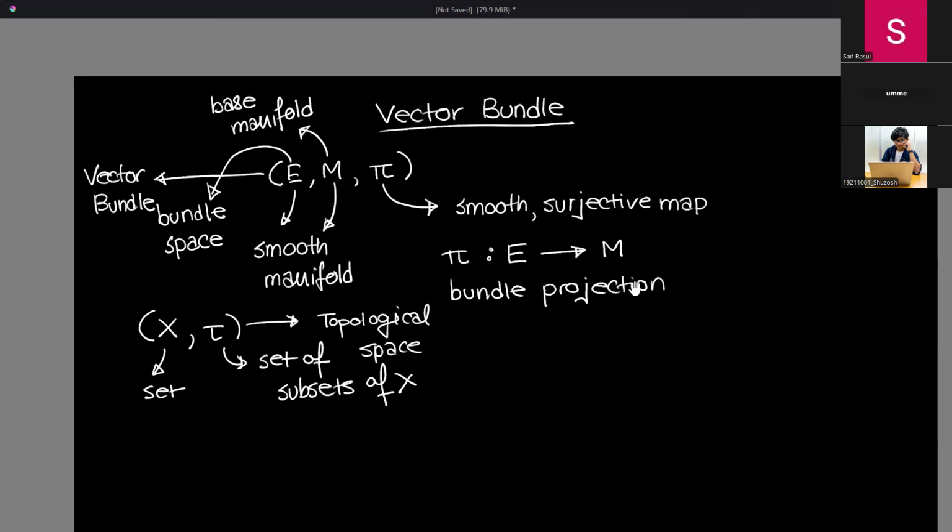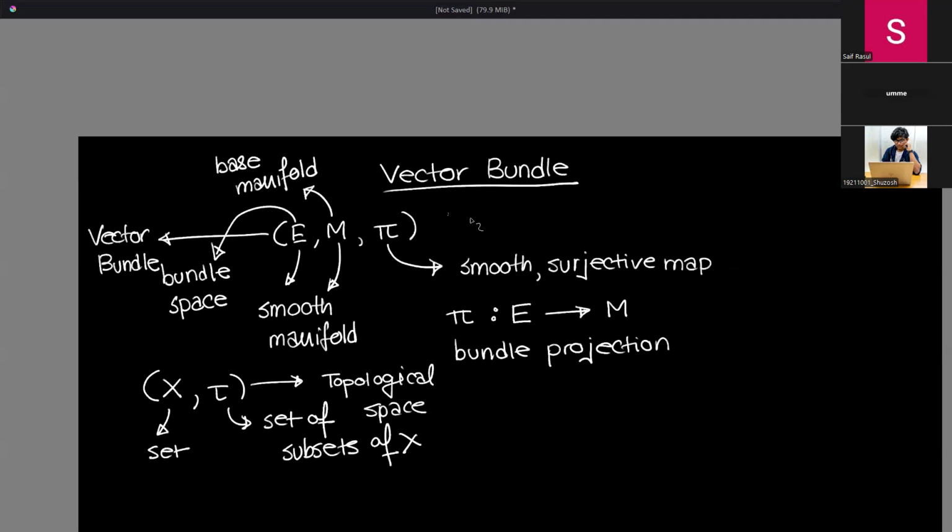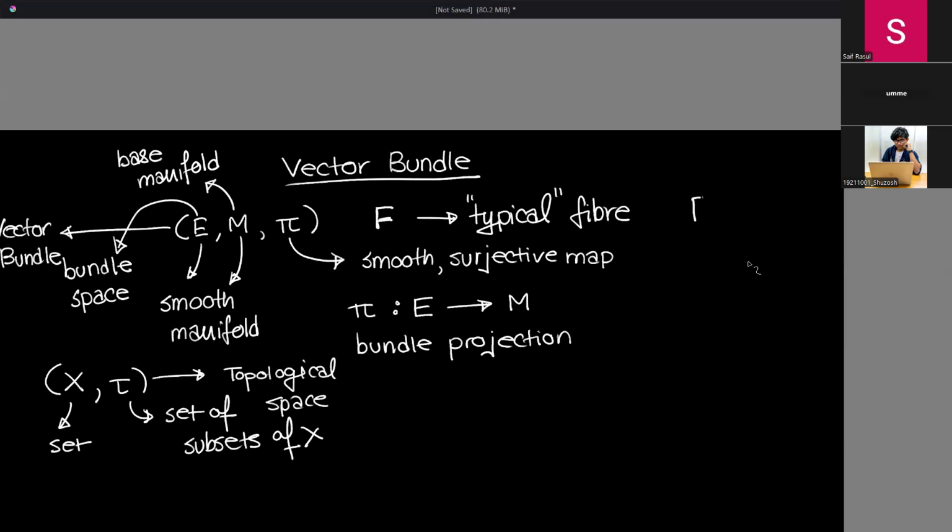And so one last thing is that it has these fibers of vector space F, right? F is called its typical fiber. The reason it's called the typical fiber is because this is the form of the fiber. And we'll call the fiber at each point P, F_p. F_p is the fiber that is associated with the point P. In the case of the tangent bundle, this would be the tangent space.